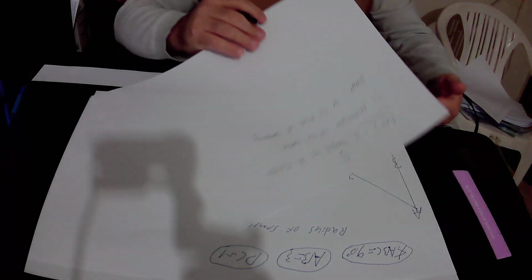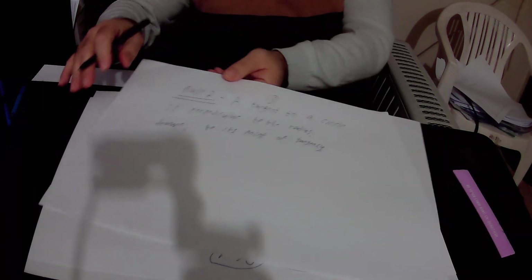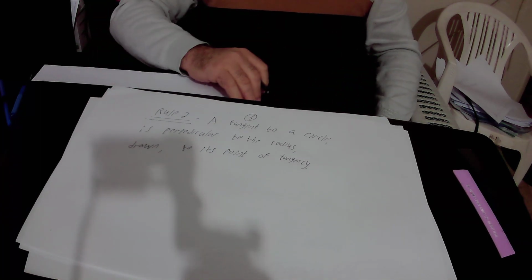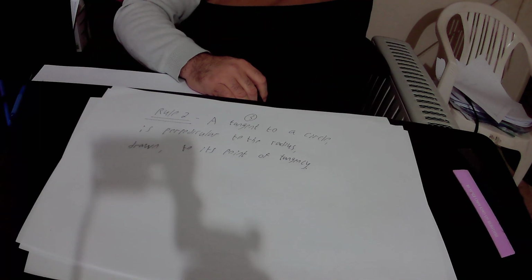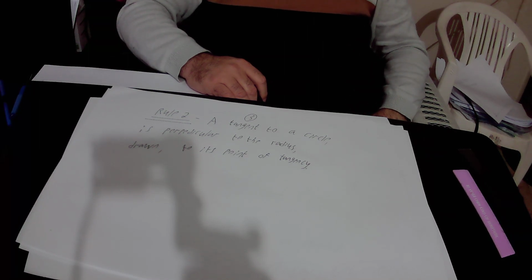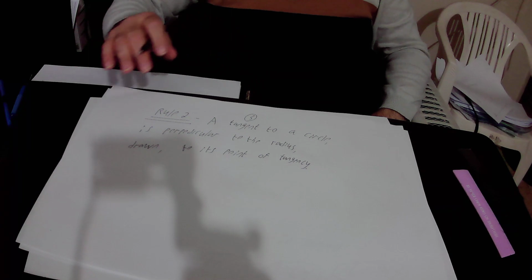I will read rule number 2 again. According to rule number 2, a tangent to a circle is perpendicular to the radius drawn to its point of tangency. So what is the meaning of rule number 2?